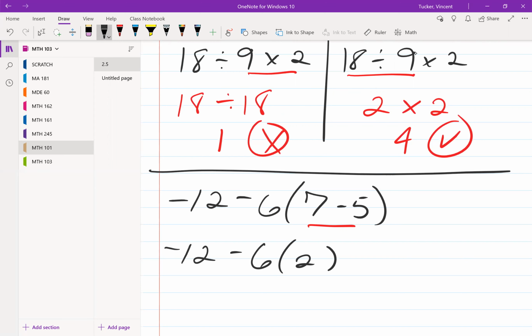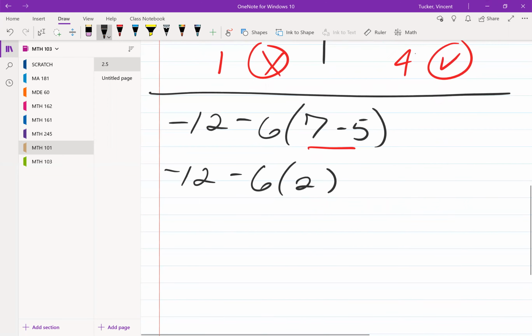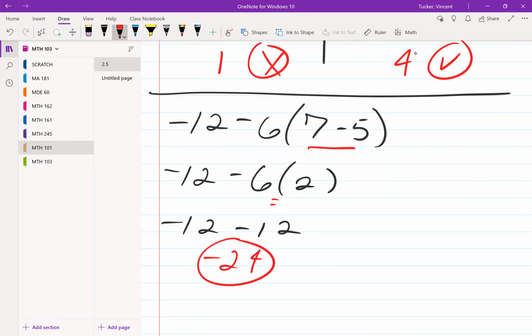That'll be 2. Next, whenever you have something right up against parentheses that implies multiplication, so we have negative 6 times 2. So it's going to be negative 12 minus 12. And then negative 12 and a negative 12 will give you negative 24.